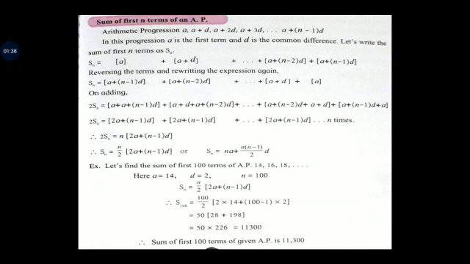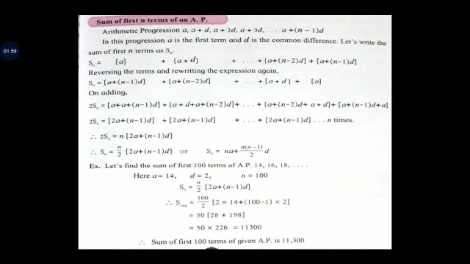So the sum of first 100 terms means you have to write S100, that is equal to, in place of n you write 100. So 100 by 2 into bracket 2 multiplied by your first term 14, plus n is 100 again, (100 minus 1) into common difference 2.